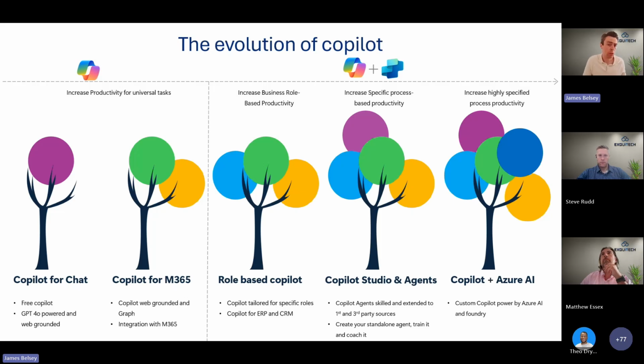So what is Copilot for chat? Really, think of it as very similar to ChatGPT in the sense that you can scan documents or take key summaries from documents. You can brainstorm ideas, you can find information, conduct research. You'll be very familiar with that in the everyday usage now of AI tools. One of the real key fundamentals why customers look to move from using ChatGPT services to Copilot for chat is the data security around it.